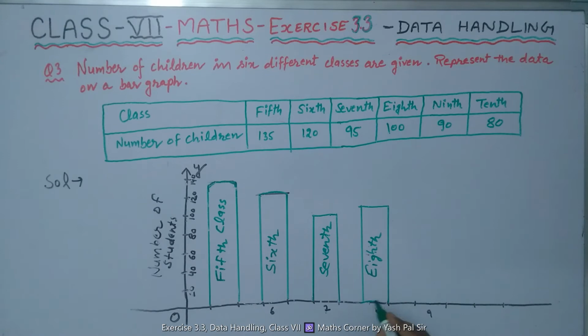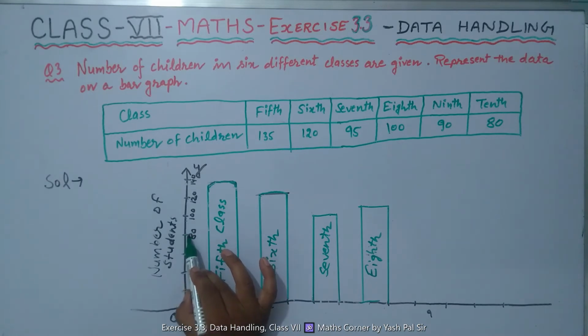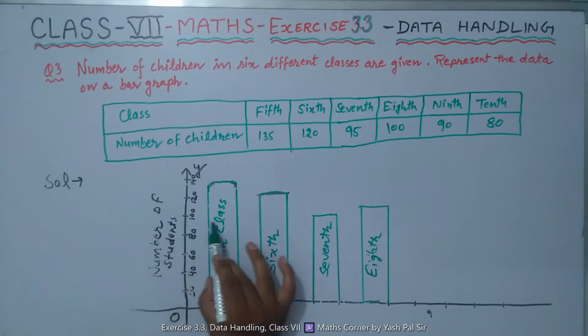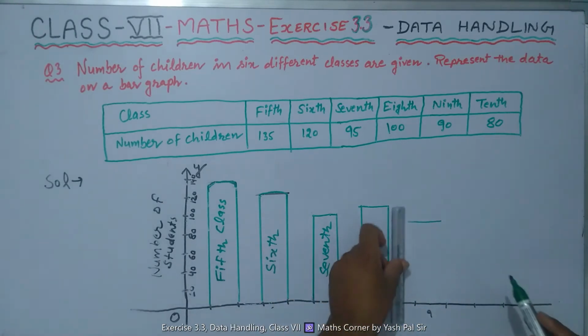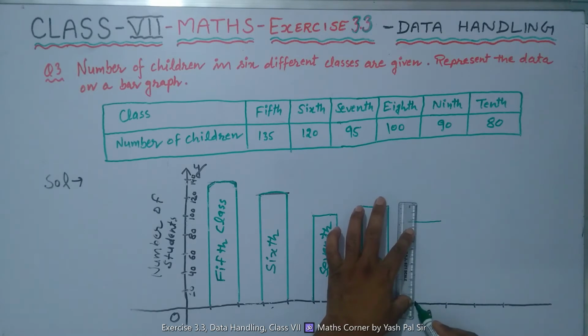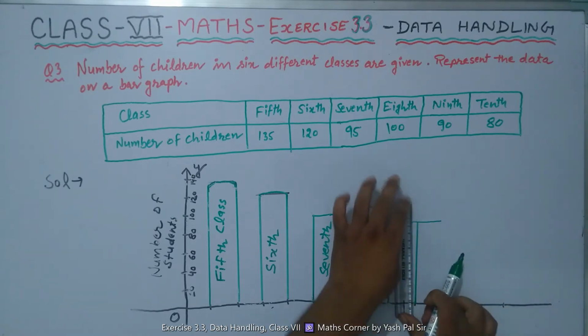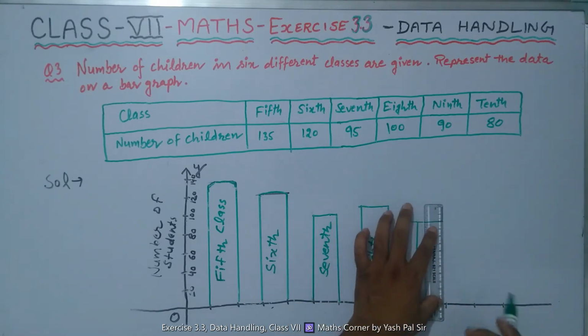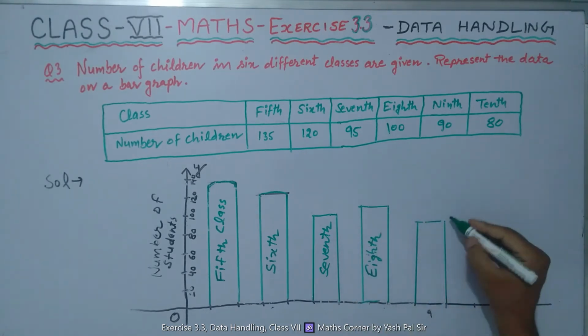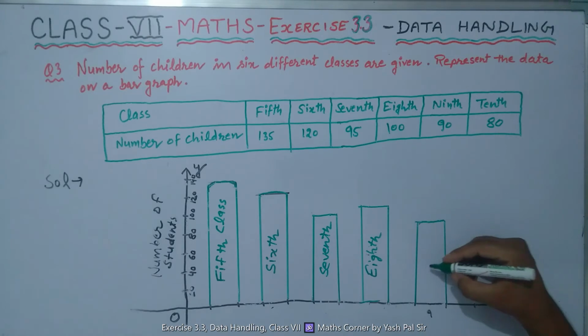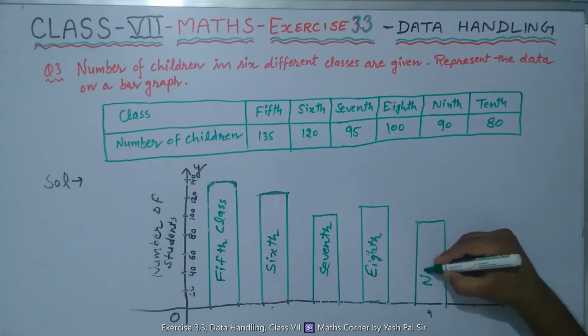Okay, next coming 9th class, 90. 90 means above 80, in the middle of 80 and 100. So this is the straight line where we shall go, one and second line this way. This bar graph is for 9th class.